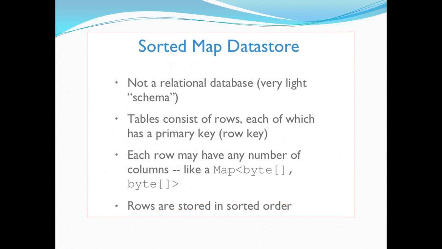You can see that internally the table consists of rows, each of which has a primary key, what they call the row key, and each row may have a number of columns.